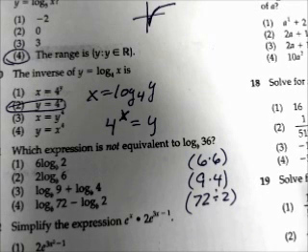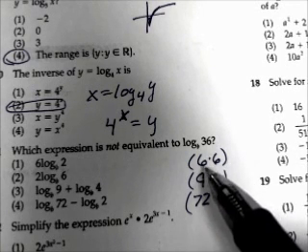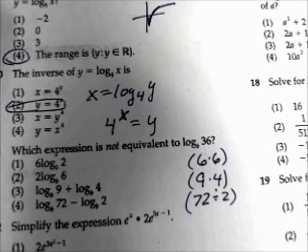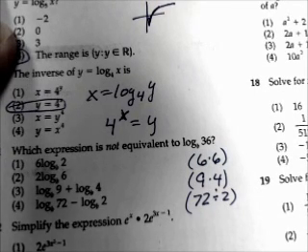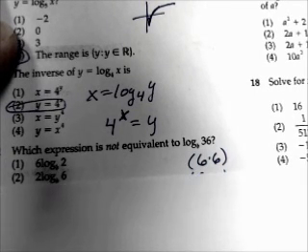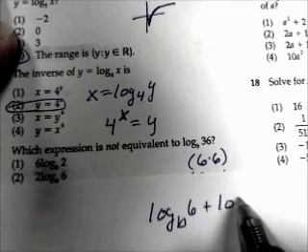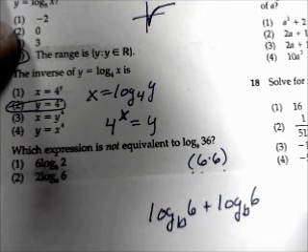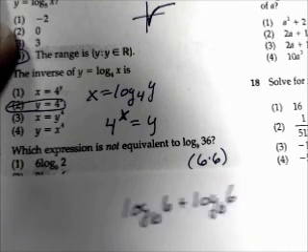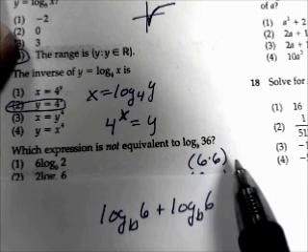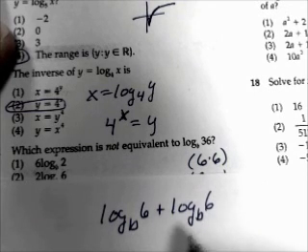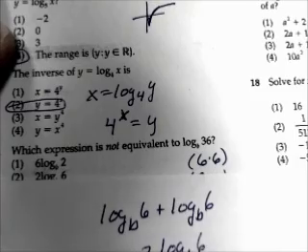All right, so the 6 times 6, that would expand to log base b of 6 plus log base b of 6, or it can be written as 6 squared, in which it would be 2 times log base b of 6.